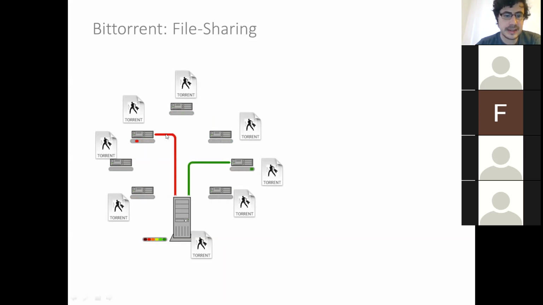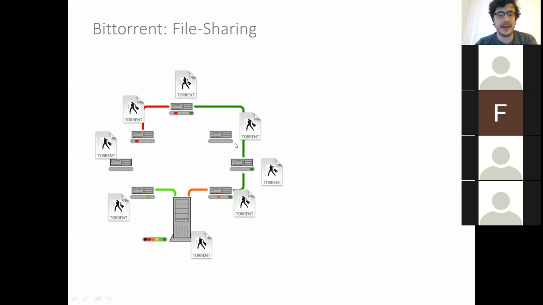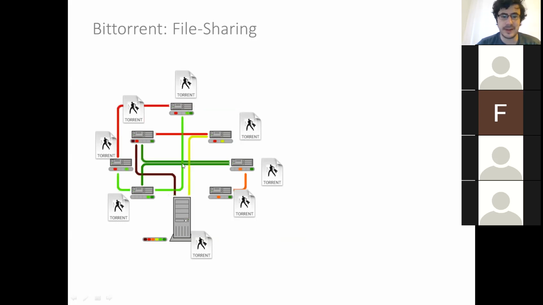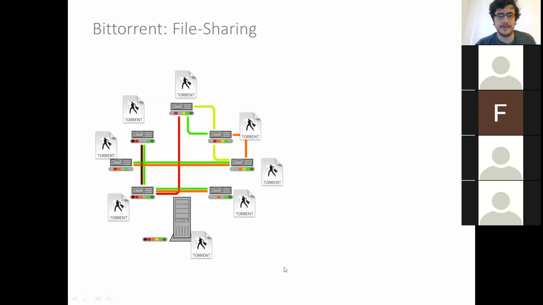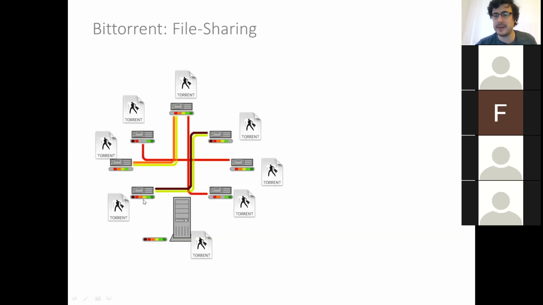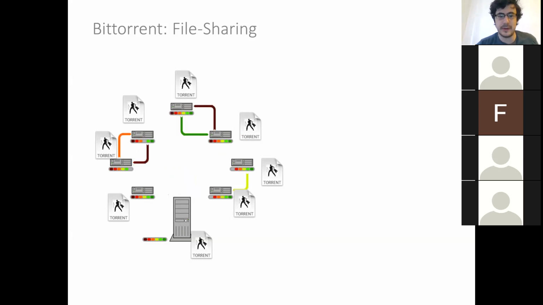So essentially this here is a more classical peer-to-peer system where the peers are sharing blocks of data with each other. And then once they have finished, they can become what we would call a seed. So if you're looking for data, you're leeching. And if you have all the data and you're providing it to somebody else, then you're seeding. So this is a pretty robust protocol for file sharing.